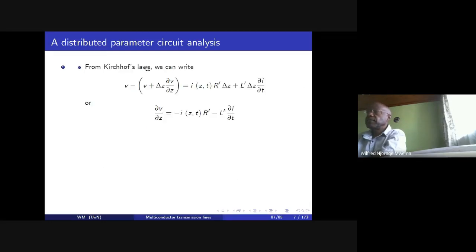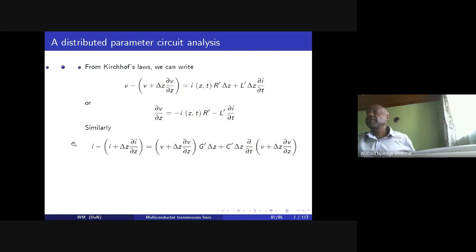So from Kirchhoff's laws, we can write that the change in V, dV/dz, is equal to Iz of t multiplied by R prime, that is the total resistance, plus the voltage across the inductance, which is the inductance multiplied by the rate of change of the current. Or in other words, dV/dz is given by minus Iz of t R prime minus L prime dI/dt.